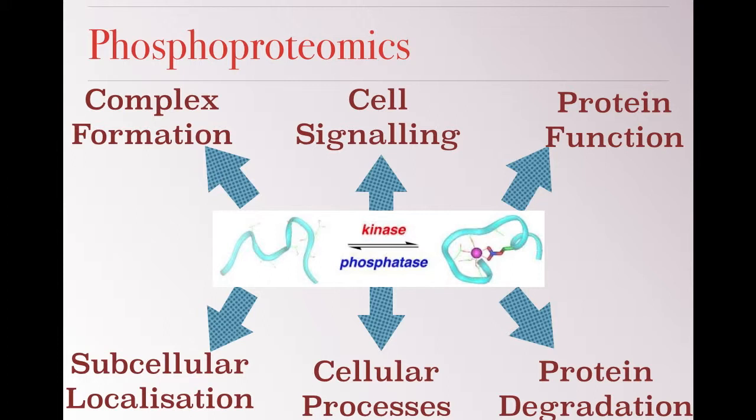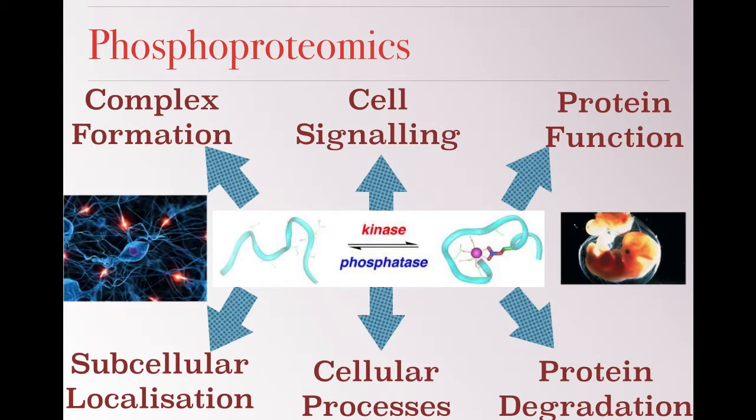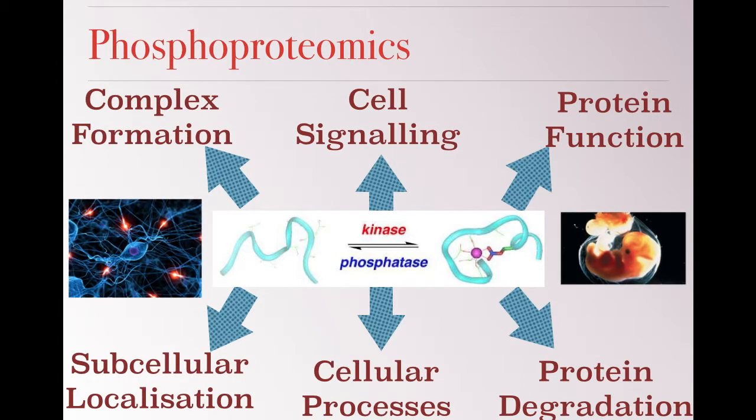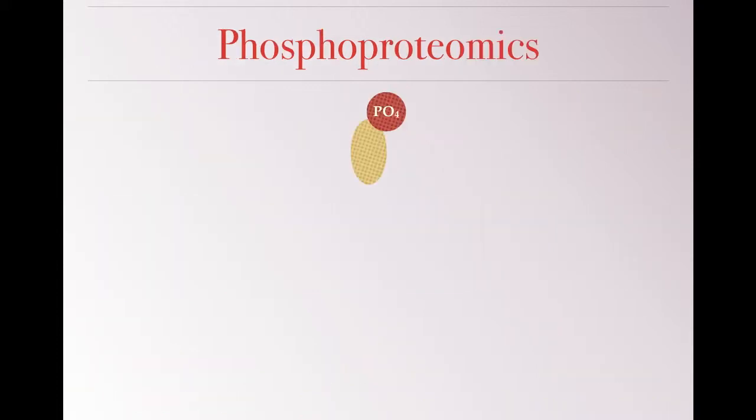They also function in embryonic development, physiological responses, and in the nervous and immune system. With all of these modification results, it is assumed that up to 30% of all proteins may be phosphorylated, some even more than one time.